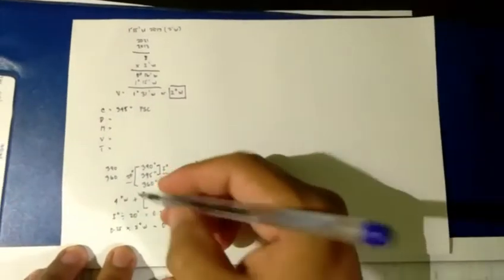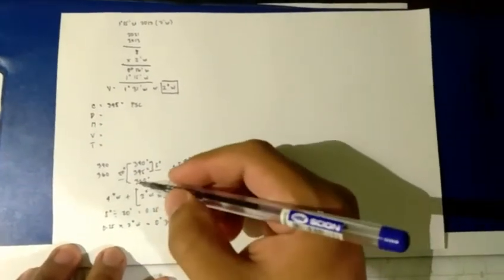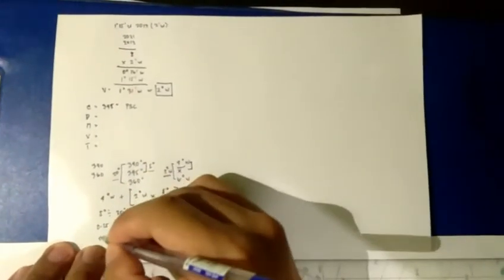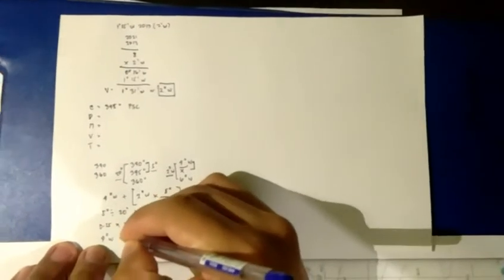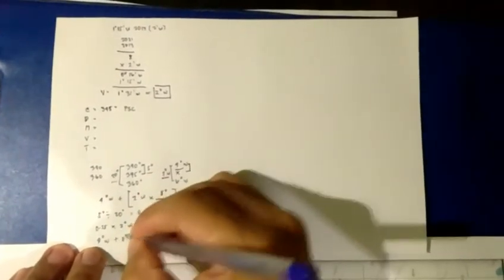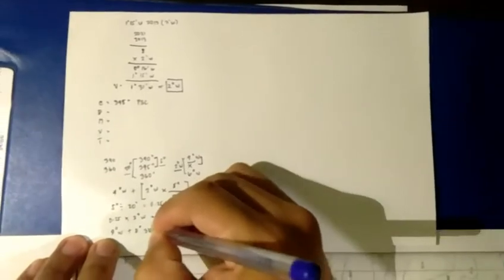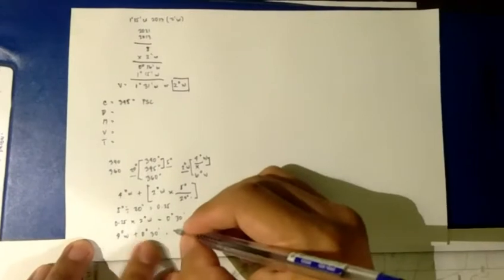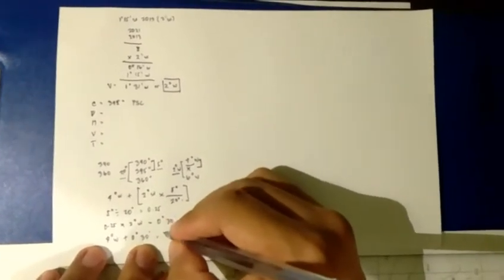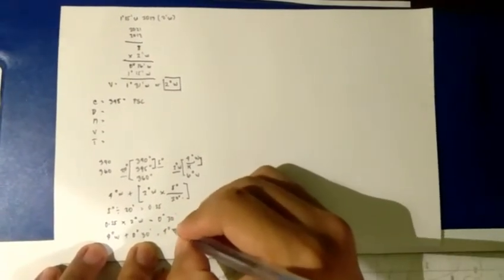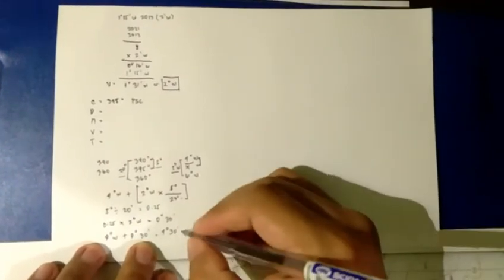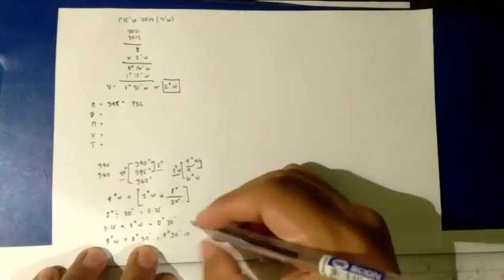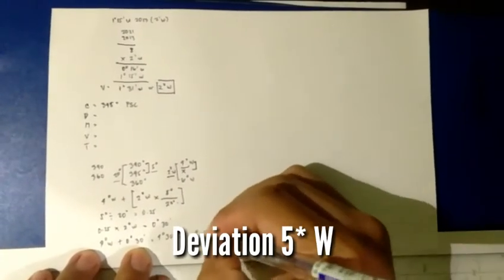And then lastly we will add that 30 minutes to the 4 degrees west. 4 degrees west added by 0 degrees and 30 minutes is equal to 4 degrees and 30 minutes, and if we round it off, it will become 5 degrees west.